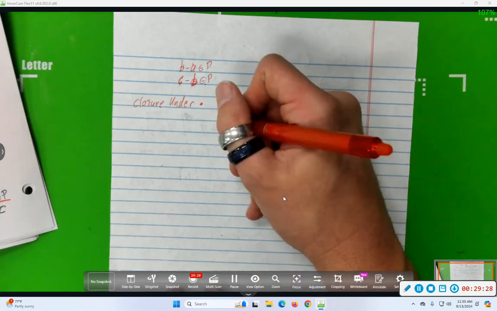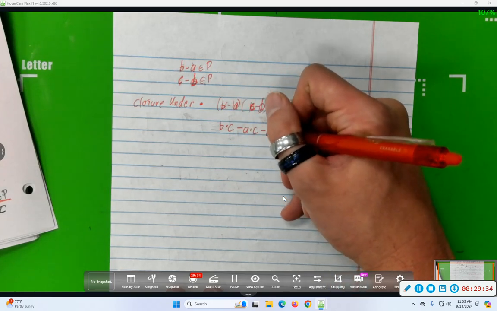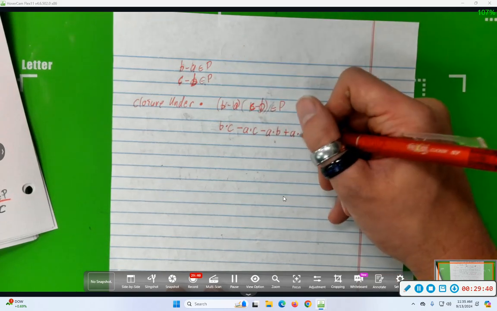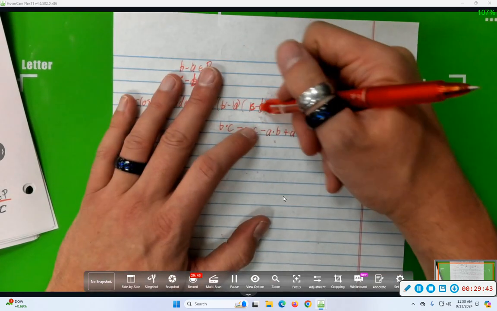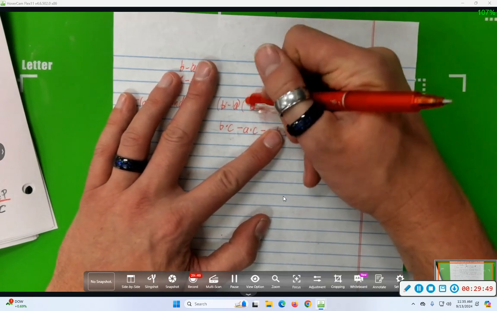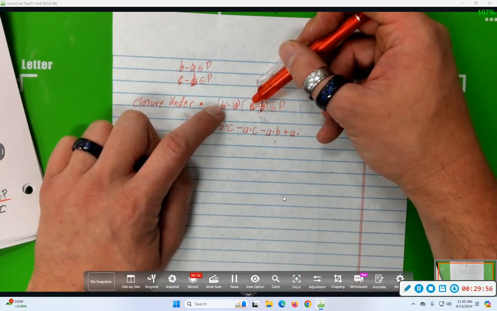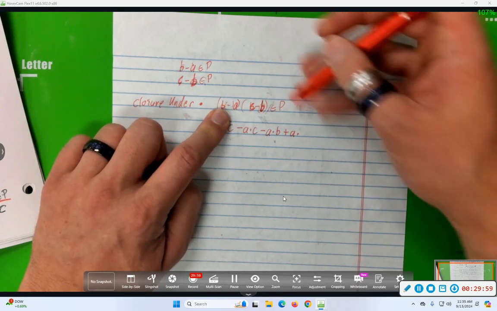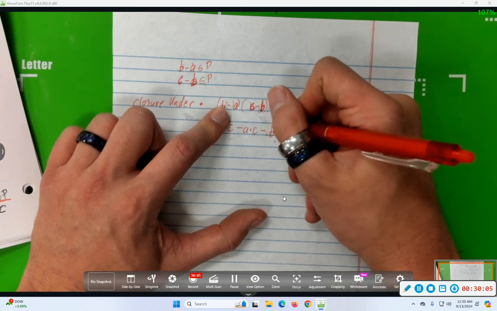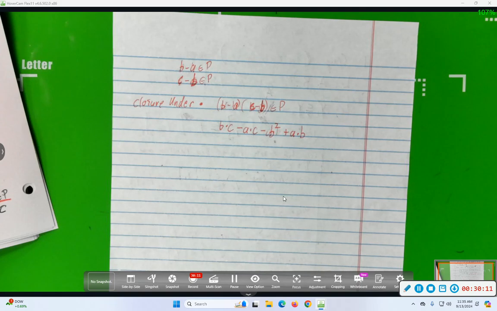B minus A times C minus B. Okay, well, let's just expand that out and see if that helps us. Expand that out. I'm using the distributive logic, that's foiling. B times C, minus A times C, minus B squared, plus A times B. Well, does that look like it has much to do with what I wanted?